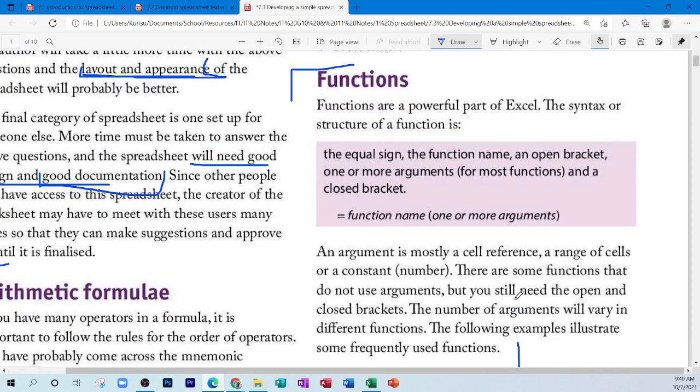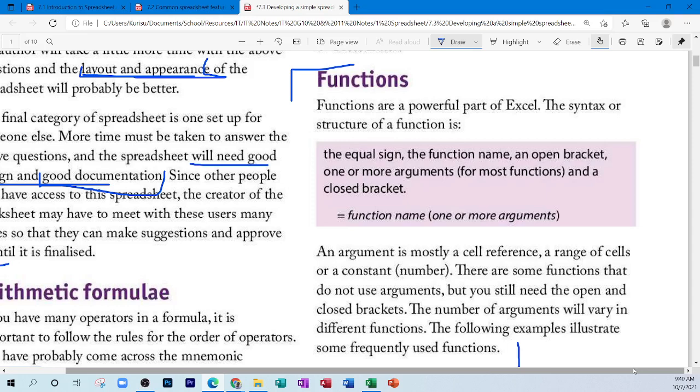Functions. Functions are a powerful part of Excel. The syntax or structure of a function is the equal sign, the function name, an open bracket, one or more arguments for most functions, and a close bracket. An argument is mostly a cell reference, a range of cells, or a constant number.